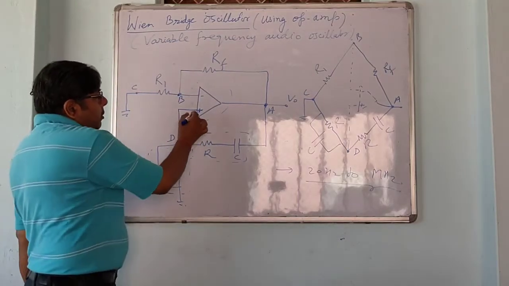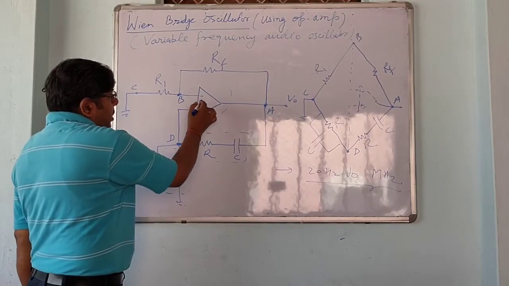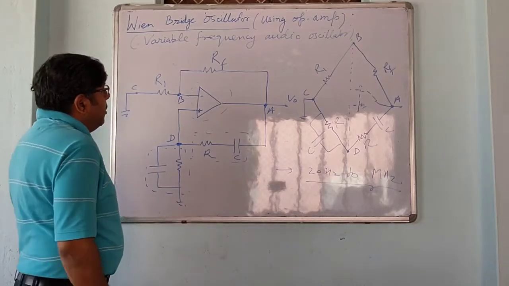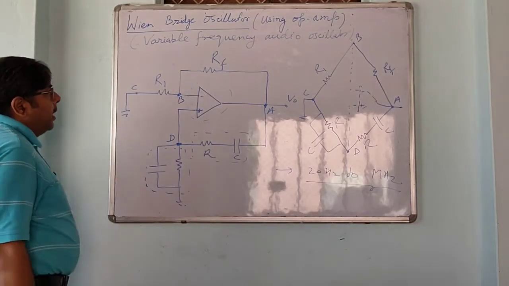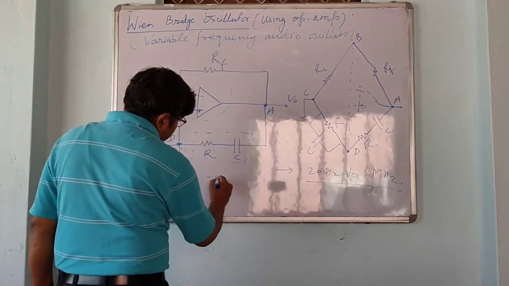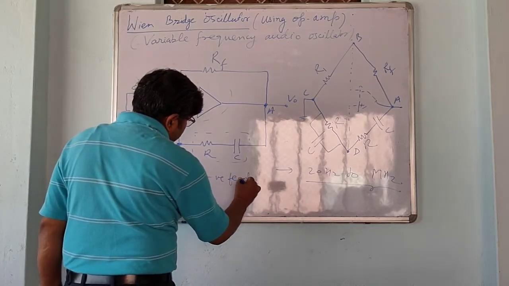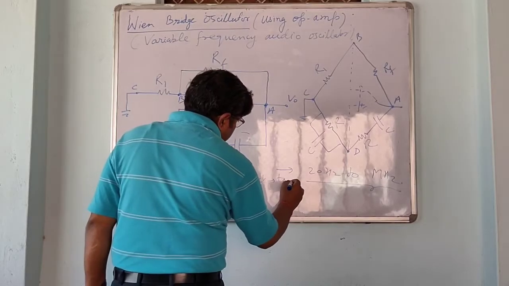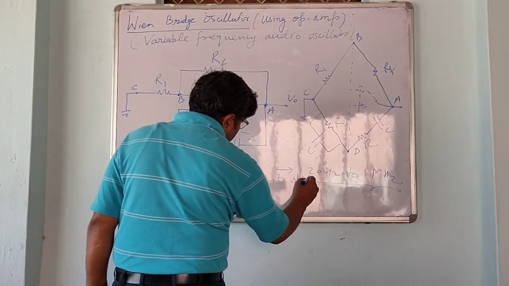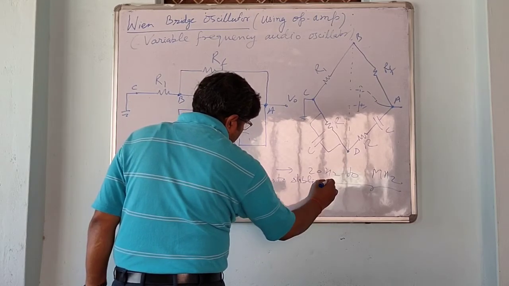So both types of feedback are utilized, positive and negative. Negative feedback is utilized to stabilize the gain.